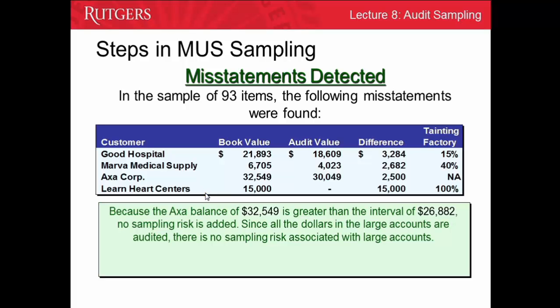The projected error for the interval containing this logical unit is $26,882, which is determined by multiplying the percentage misstated, which is 100%, by the size of the sampling interval, $26,882.